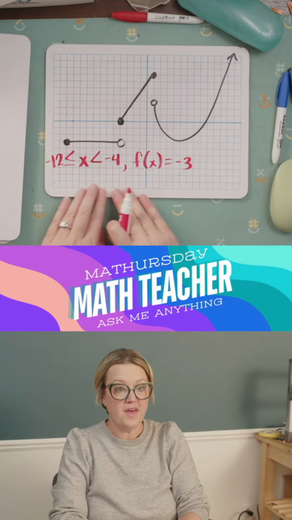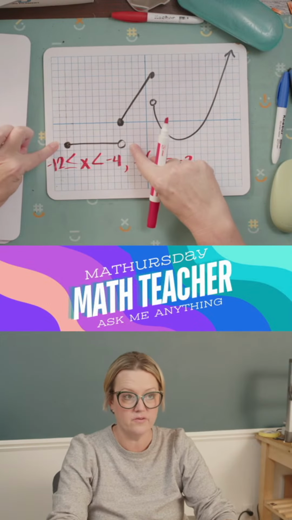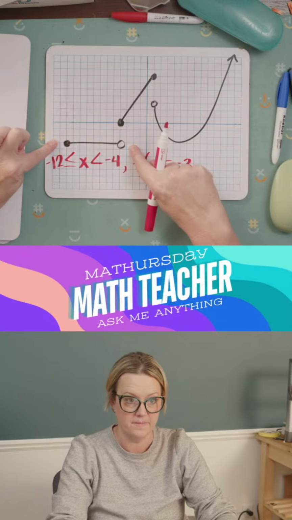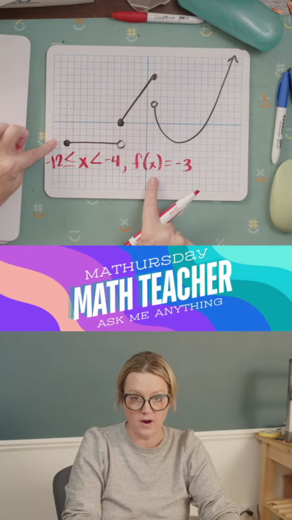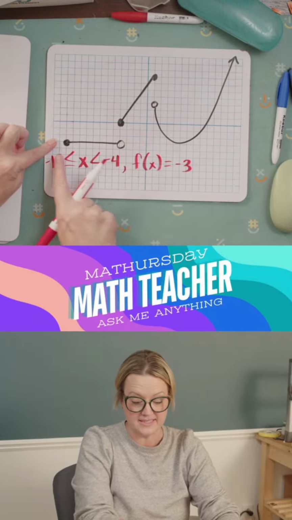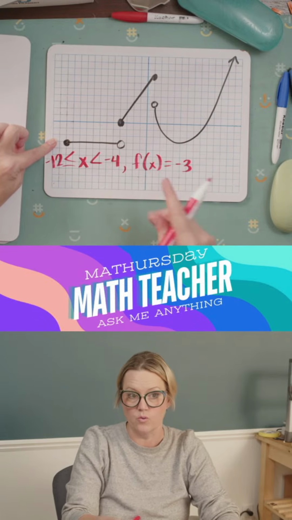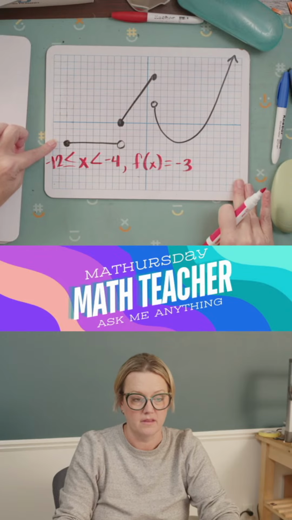Okay, so that is this line right here. That's this little segment here. So you would say when x is between negative 12 and negative 4, f of x is negative 3. That's that line, right? f of x is negative 3, or y equals negative 3. Okay.